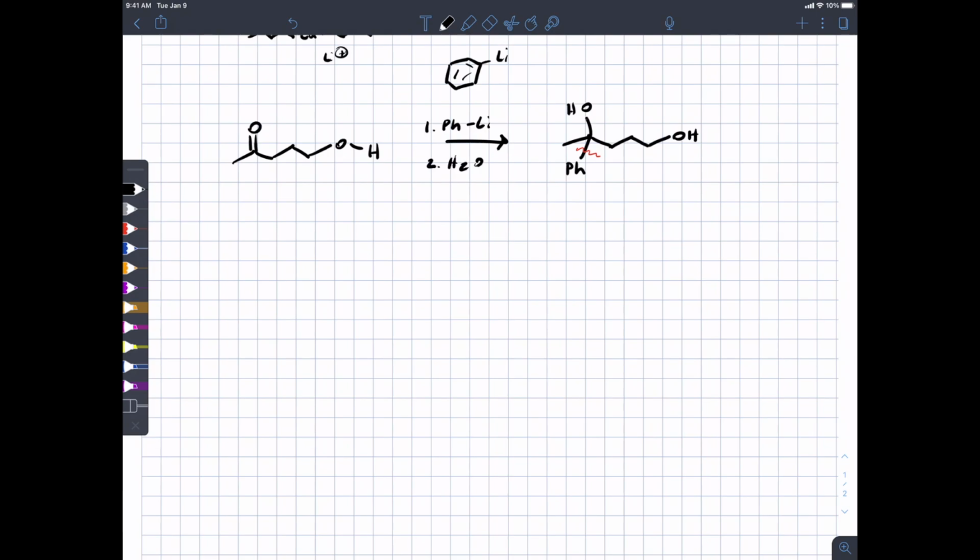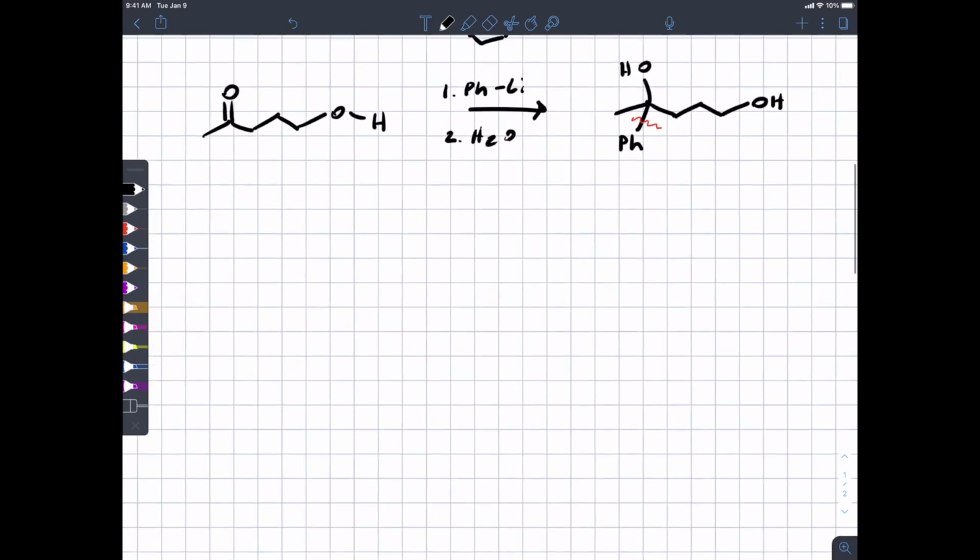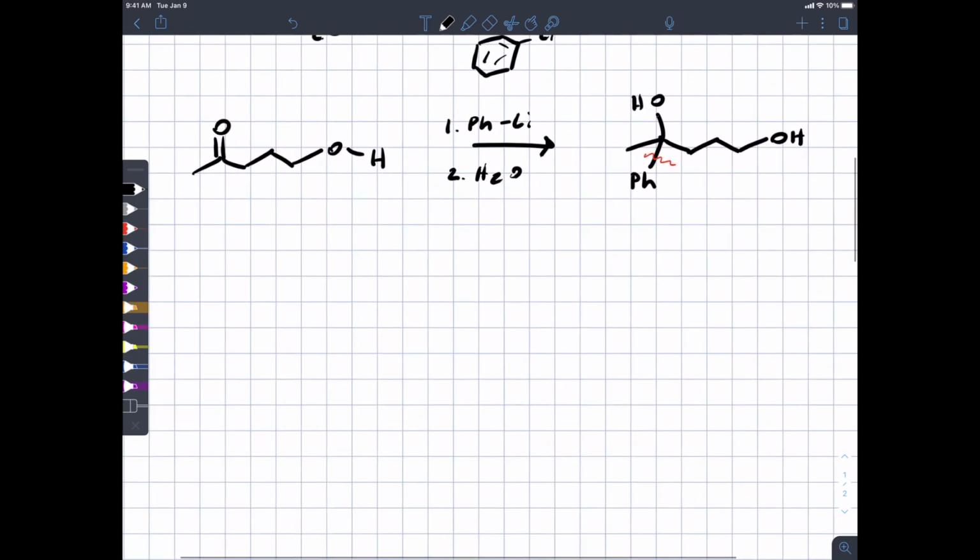And it sounds good unless you're paying attention, because what you've got in this ketone is an interfering group. What will happen in general, if you have a molecule that's both a strong base and a strong nucleophile, removing protons is really fast, in many cases faster than attacking carbons.